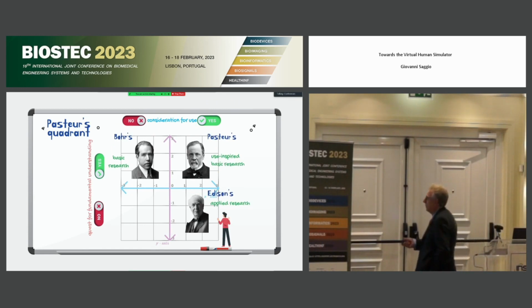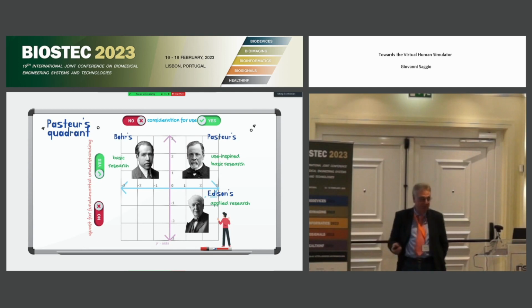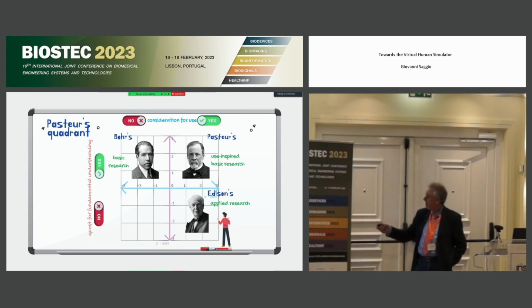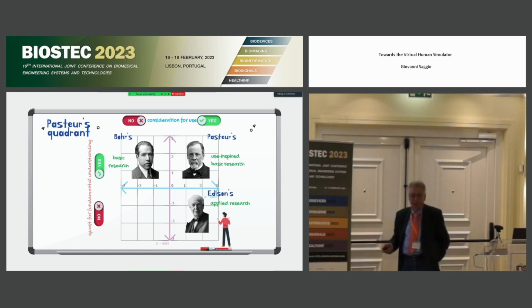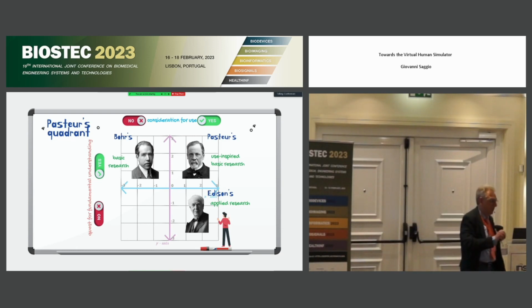One can be considered basic research on the second quadrant. On the first quadrant, Pasteur's use-inspired basic research, or fourth quadrant, Edison's applied research. In your opinion, the digital twin can be set in which of these three quadrants? The first, the second, the fourth?